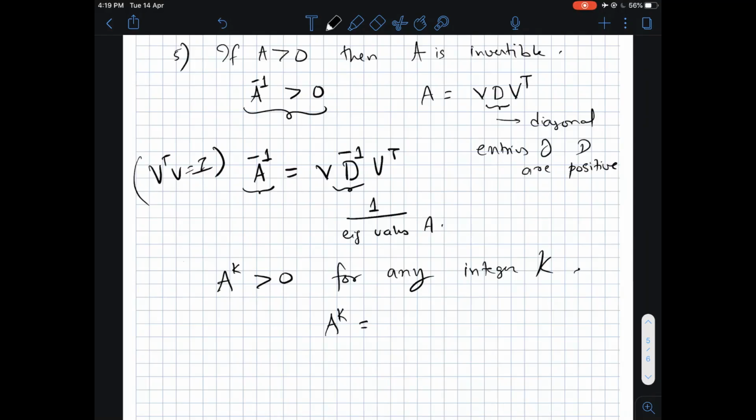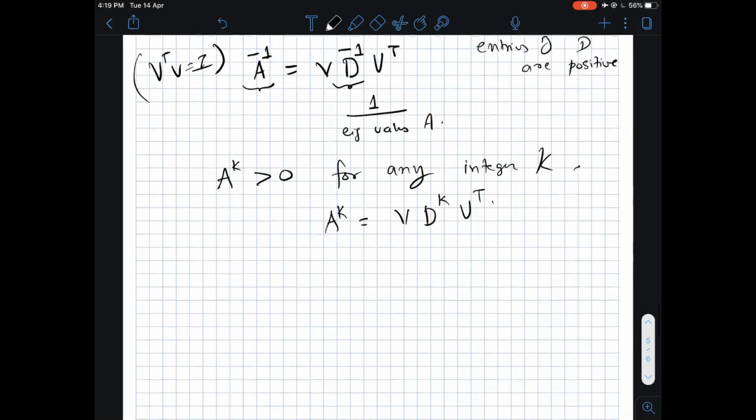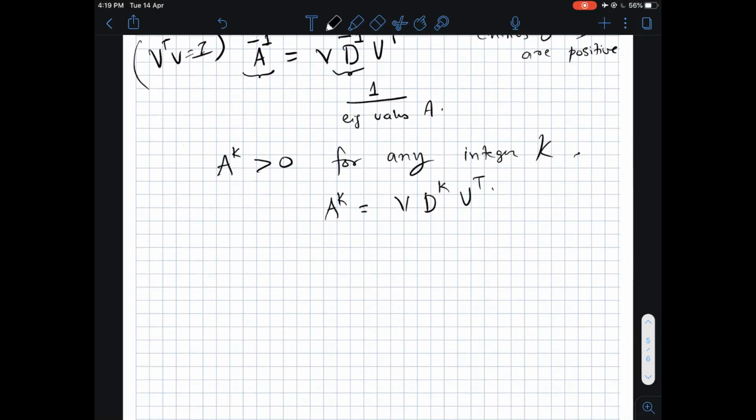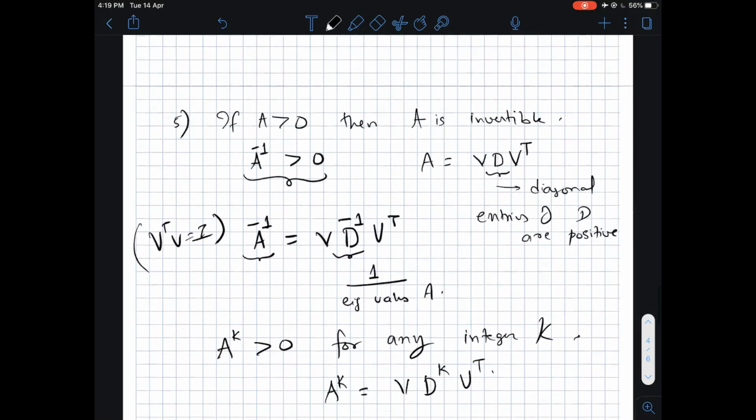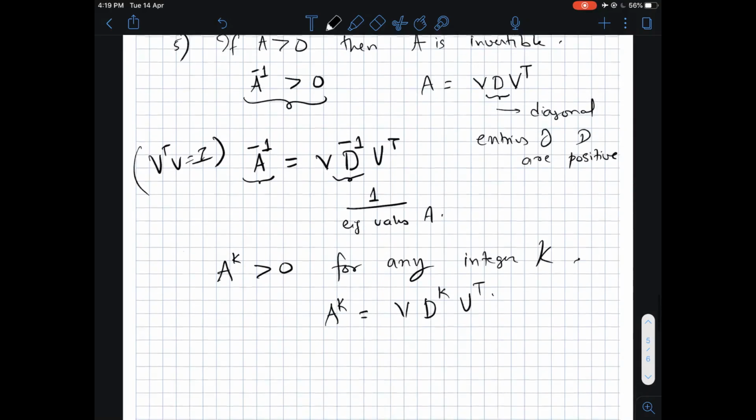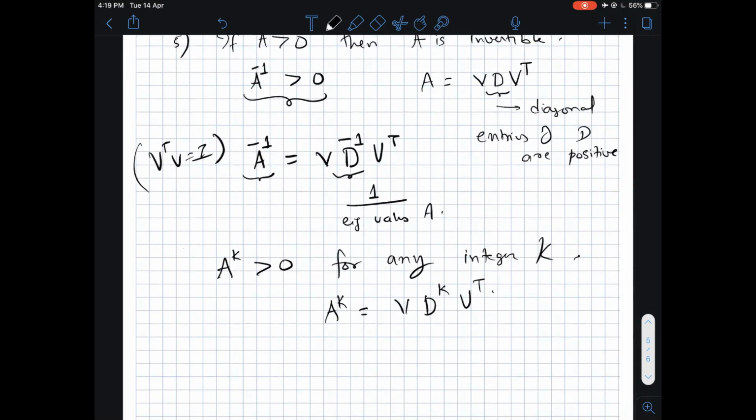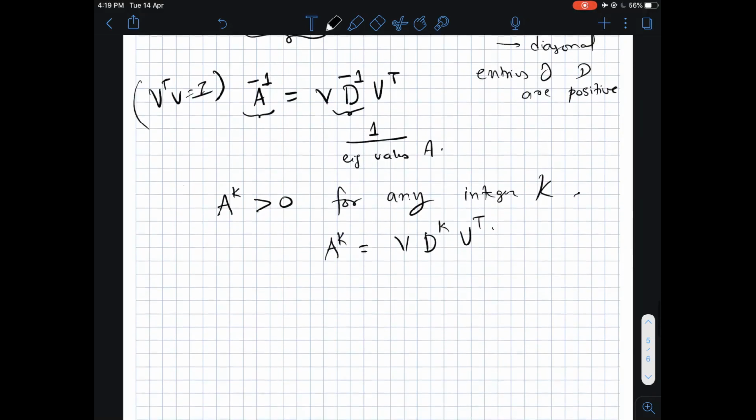So A square, A cube, they'll all be positive for the same reason, right? A to the k will actually be V times D to the k times V transpose. Okay, so that will actually say that all the powers of A are also positive definite.